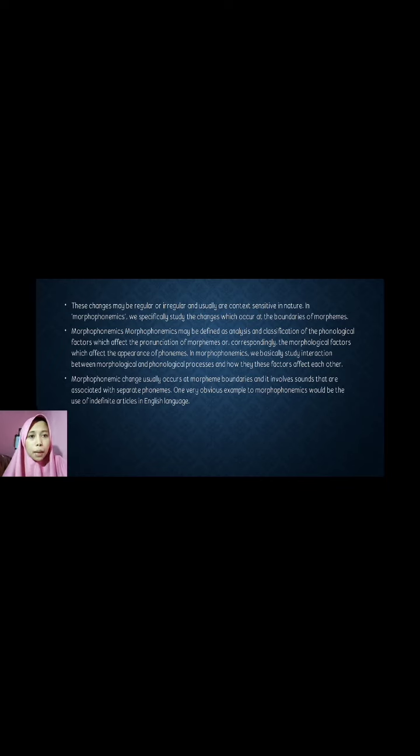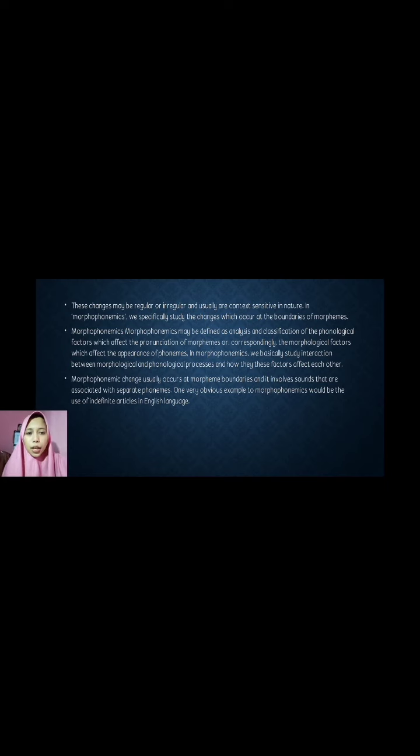Morphophonemics may be defined as the analysis and classification of the phonological factors which affect the pronunciation of morphemes, or correspondingly the morphological factors which affect the appearance of phonemes. In morphophonemics, we basically study the interaction between morphological and phonological processes and how these factors affect each other.